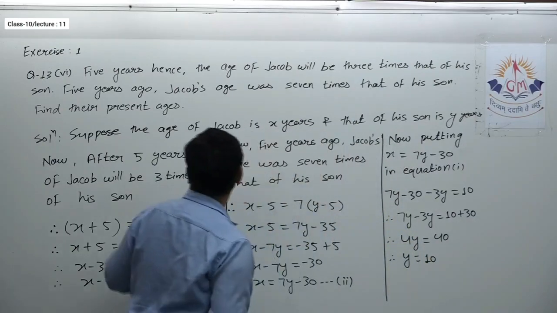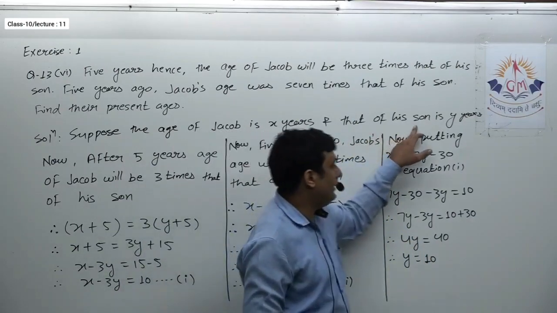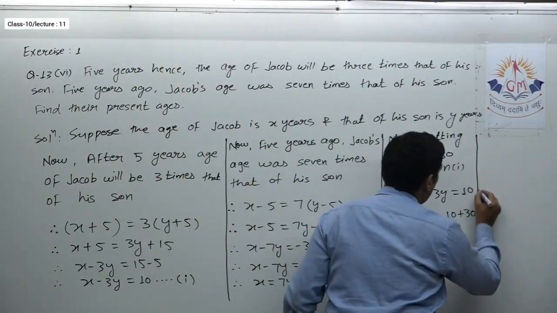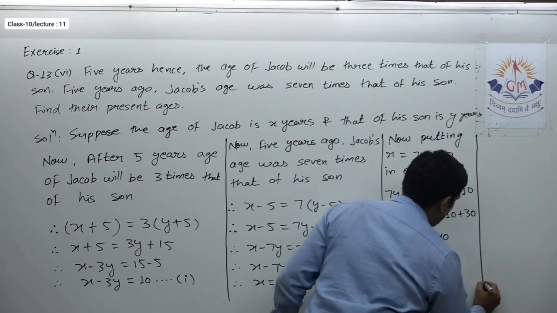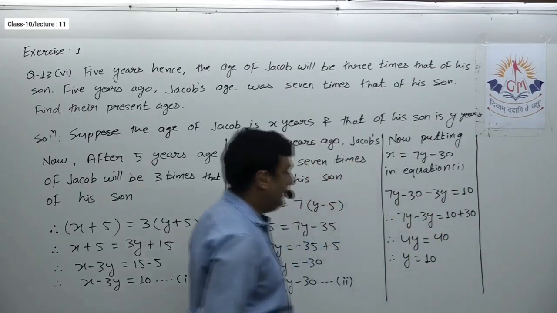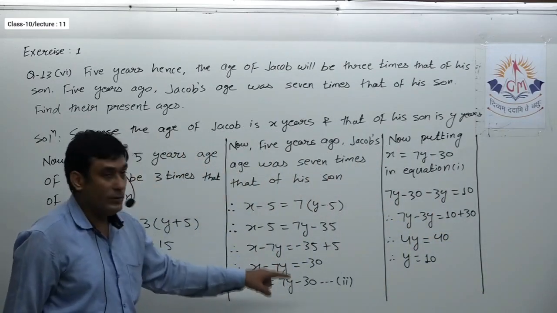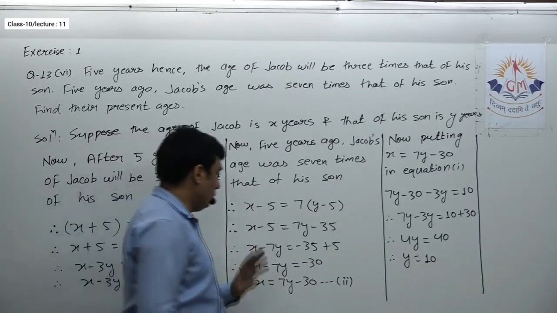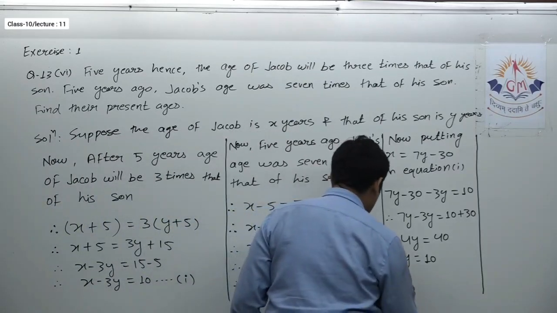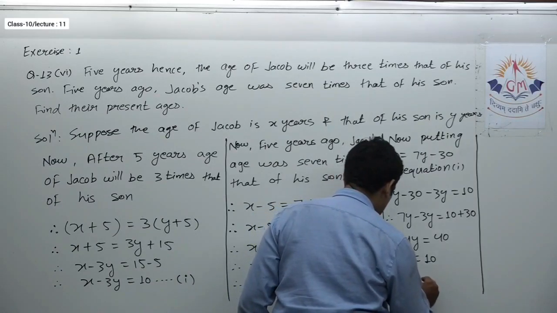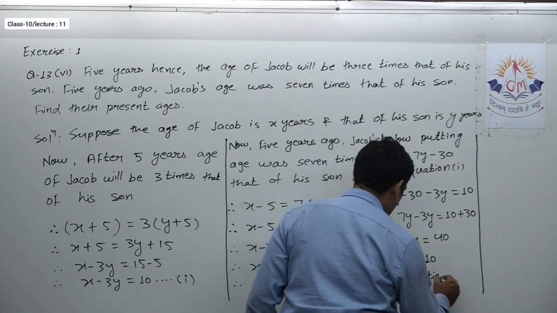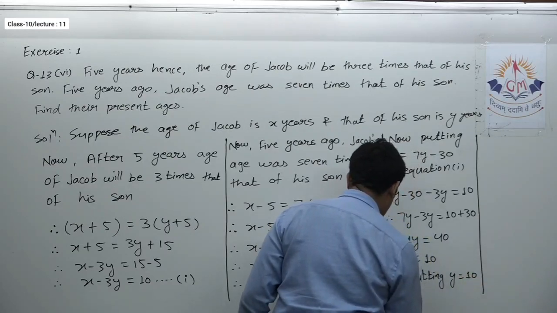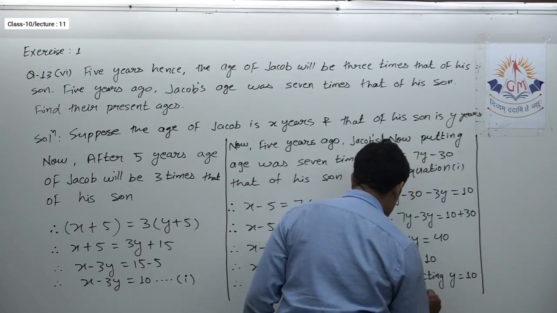Okay, and what was y? y was the age of the son. That means the present age of Jacob's son is 10 years. Now we will put y equal to 10 in equation number 2.